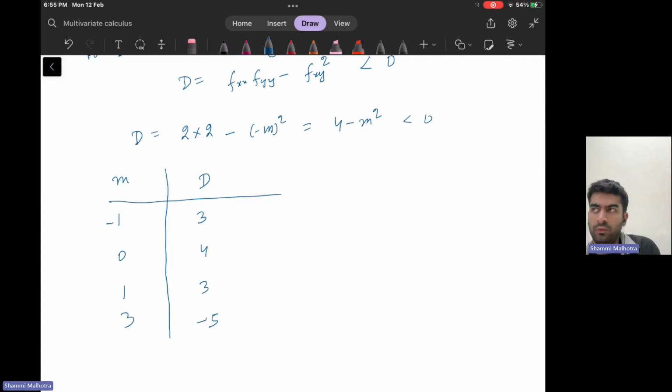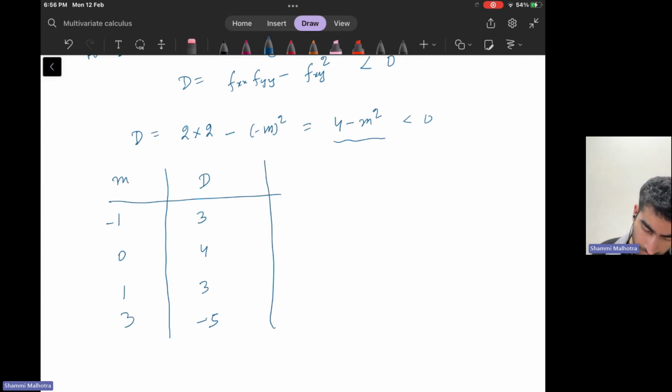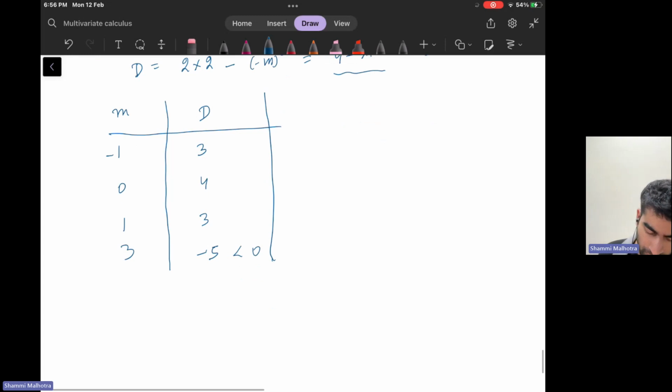I want this expression to be negative, and only in this case are we getting it negative. So for the value of m equal to 3, we have a saddle point.